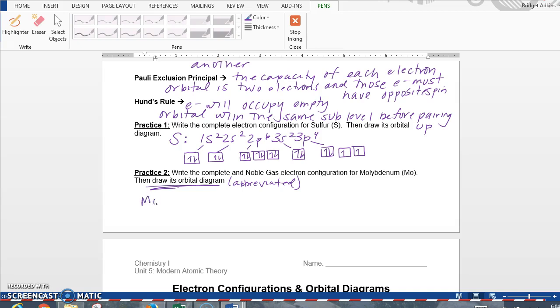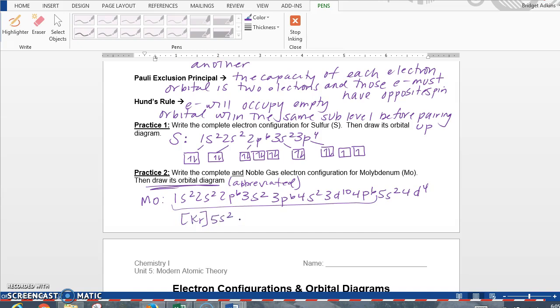So for Mo, our configuration is 1s squared, 2s squared, 2p6, 3s squared, 3p6, 4s2, 3d10, 4p6, 5s squared, and 4d4. Our noble gas configuration, which would take care of everything up to there, we would put Kr in brackets as the last noble gas, and then 5s squared, 4d4.